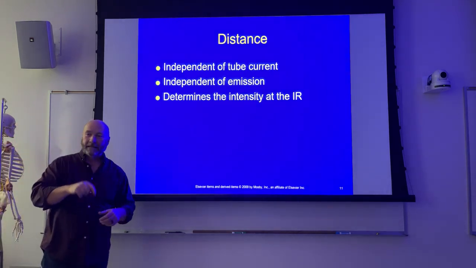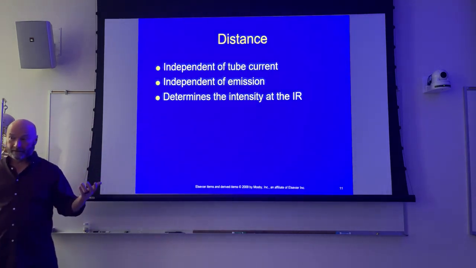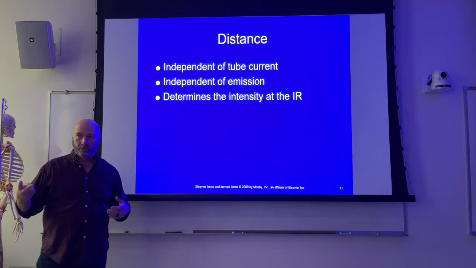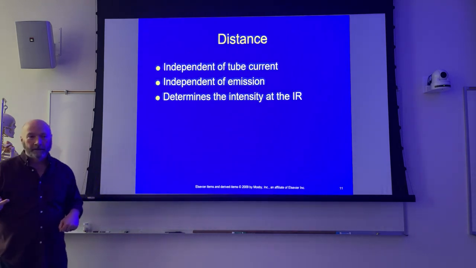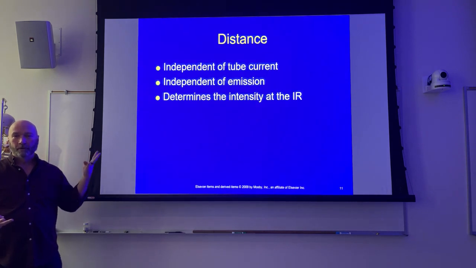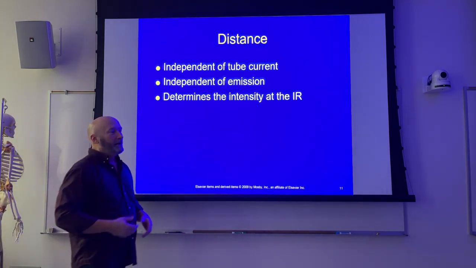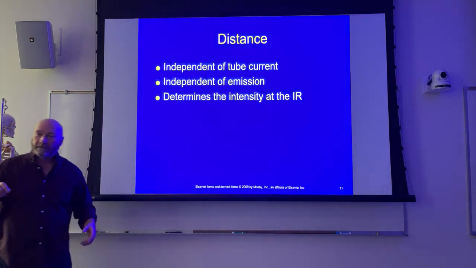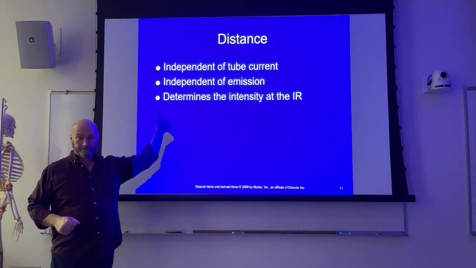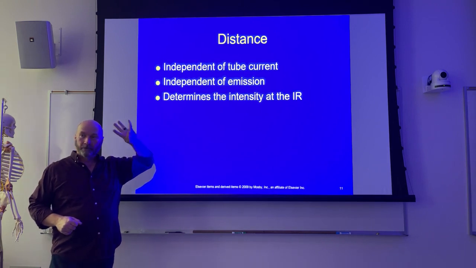So to maintain intensity, if you back up, let's make it simple and go from 40 to 80 inches, what needs to happen with your technique? You used 2 mAs before, now you're going to need 2 times 4, which is 8, right? So once I changed my technique, did my tube current change? Yeah, it did by a factor of 4, right?